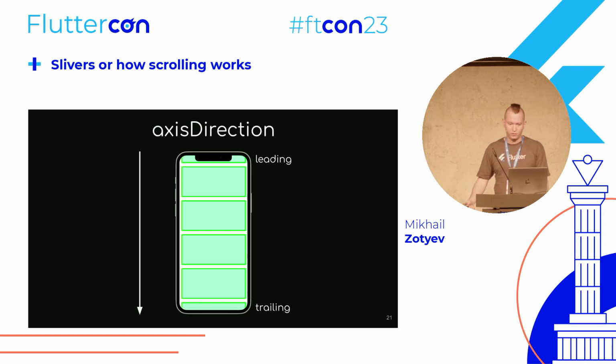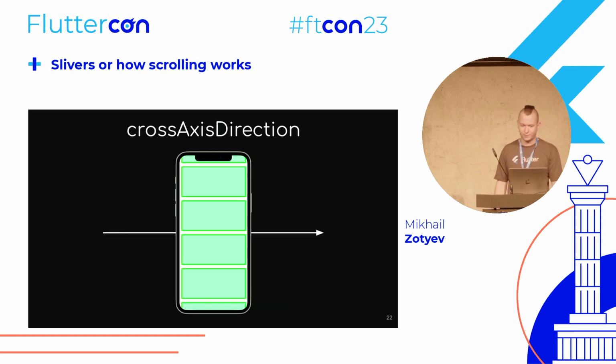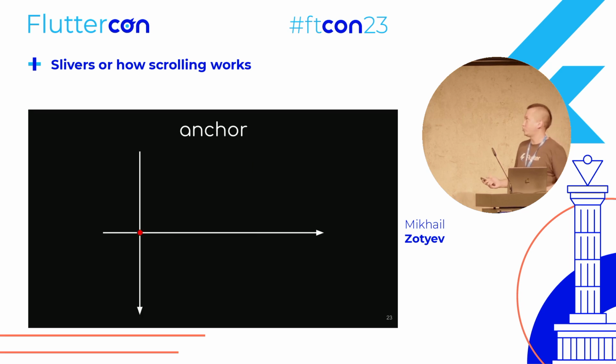And when we have one axis, probably we also have another axis. And this axis is the cross-axis direction, which tells us in which perpendicular direction we lay out our slivers. If we have two axes, they should cross each other somewhere. This point is the anchor. Anchor is the point where they cross, but where is it?